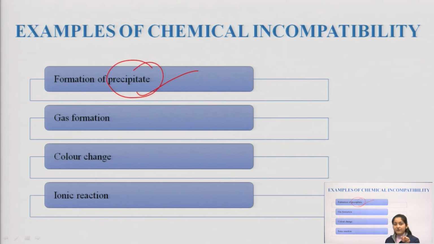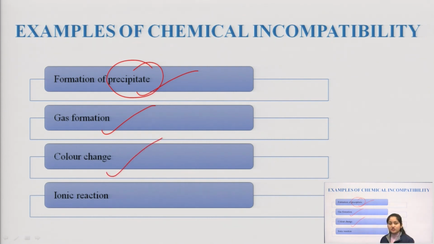So, formation of precipitate is a chemical incompatibility, while the change of state that can be seen with the naked eye is a physical incompatibility. Another one is the formation of gas, or effervescence, as a result of mixing or a chemical reaction which causes evolution of a particular gas. So, gas formation is another sort of physical chemical incompatibility.